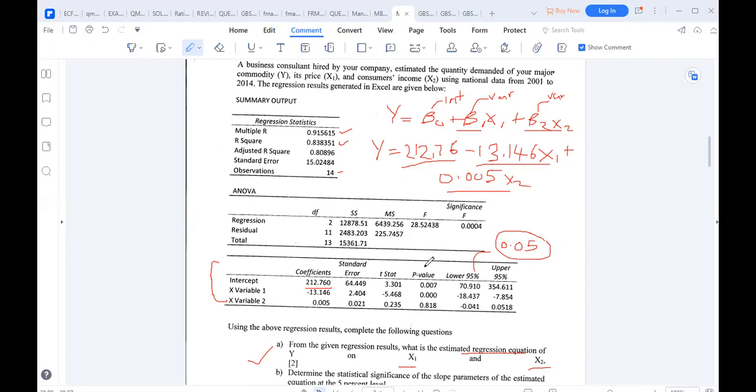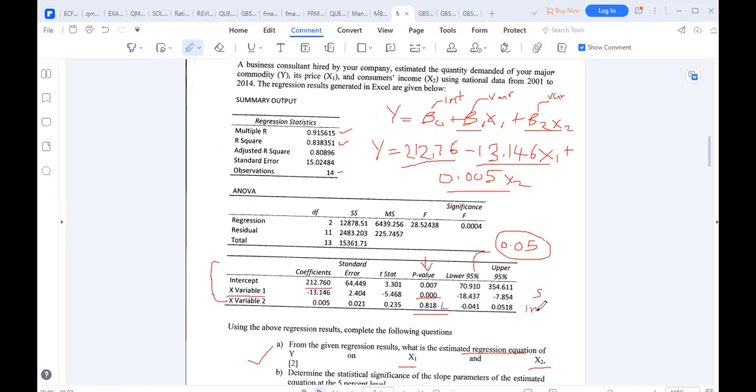So when we go to the p-value here, we're looking at variable one. Is it smaller than 0.05? Yes, it's smaller than 0.05. So variable one is significant. Then for variable two, the p-value here is 0.818. Is it smaller or bigger than 0.05? It is larger, so this one is insignificant.